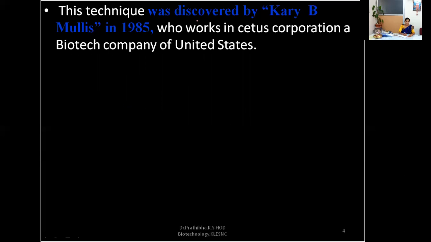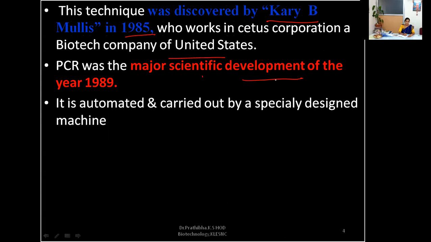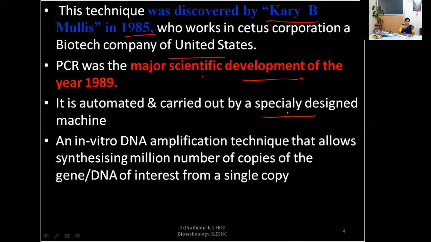This technique was discovered by Kary B. Mullis in the year 1985, who worked at Cetus Corporation, a biotech company in the United States. PCR was the first major scientific development of the year 1989. It is automated and carried out by a specially designed machine known as the PCR machine, an in vitro technique that amplifies the DNA molecule in vitro.